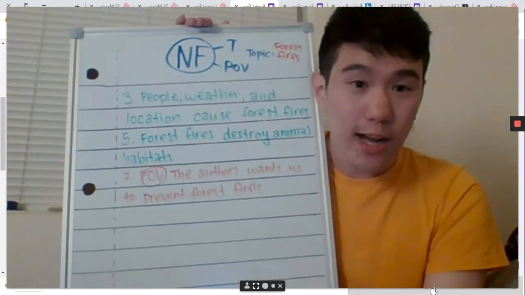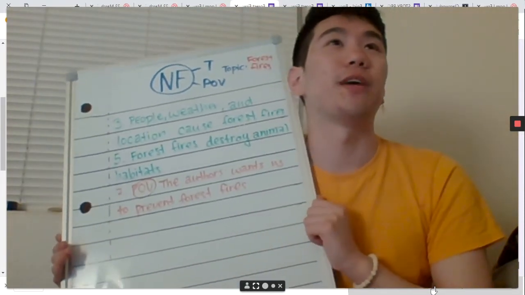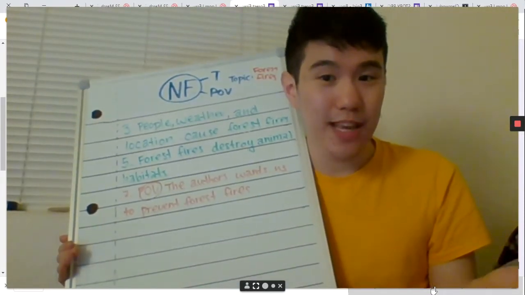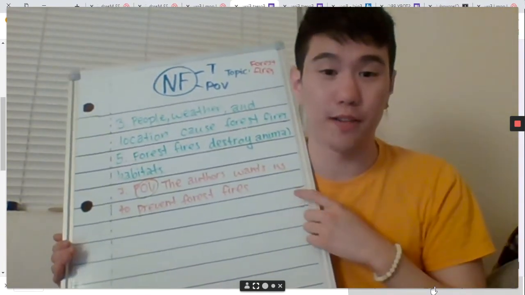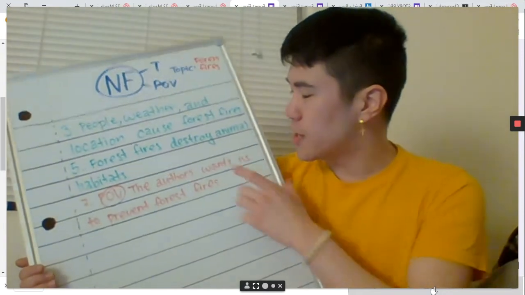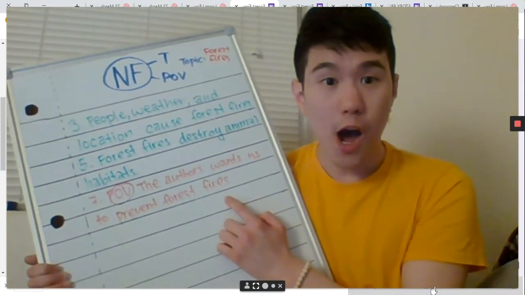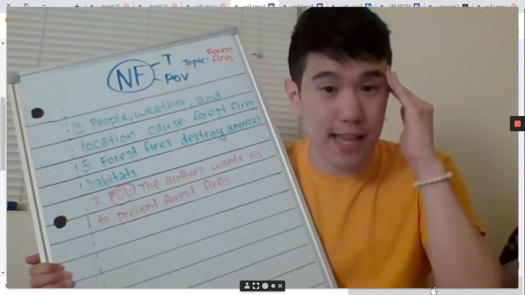Why is the author teaching us about forest fires? I know that when we're talking about why the author is teaching us something, I usually go back to the point of view. The author wants us to prevent forest fires. Oh my gosh, that sounds like the answer.